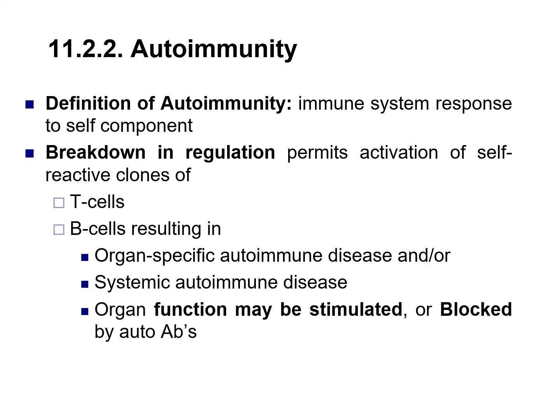So the T cells and the B cells, and it will result in organ-specific autoimmune disease or even systemic autoimmune disease. The organ function may be stimulated or blocked by the autoantibodies. So those autoantibodies are produced in this situation.